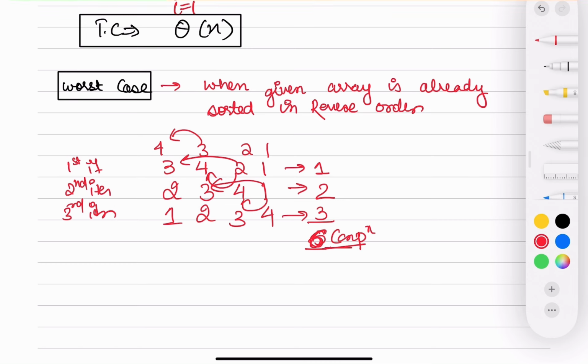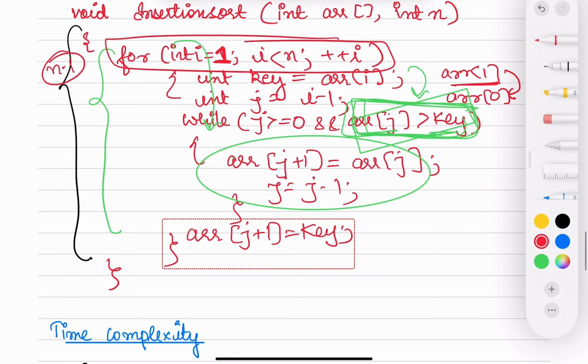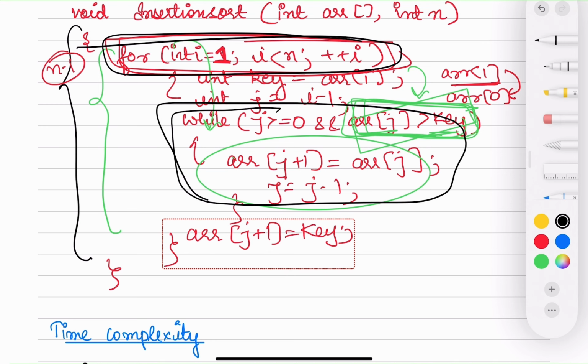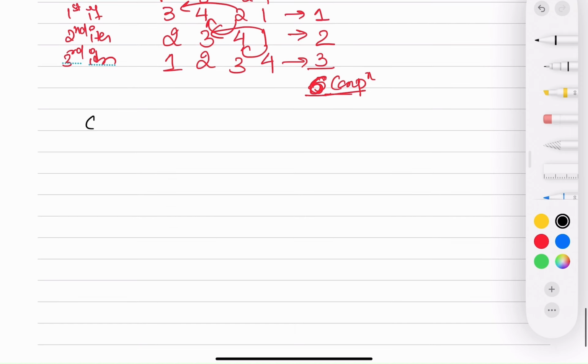So basically, if you see here in this case, this is also executed, and we have taken care of this also. Correct? So if C of n is the total number of comparisons, the outer loop goes from i equal to 1 to n minus 1, and the inner goes from j equal to 0 to i minus 1.